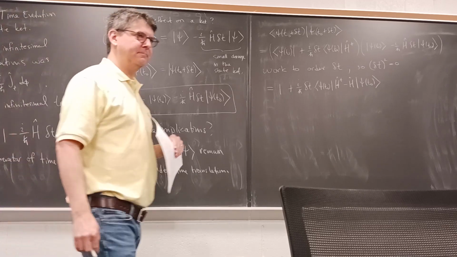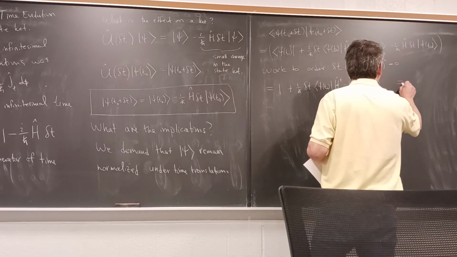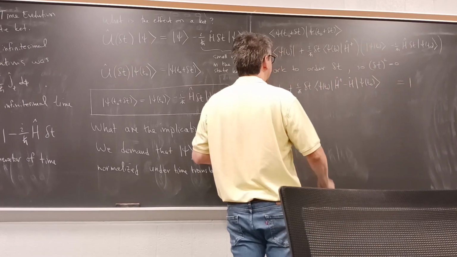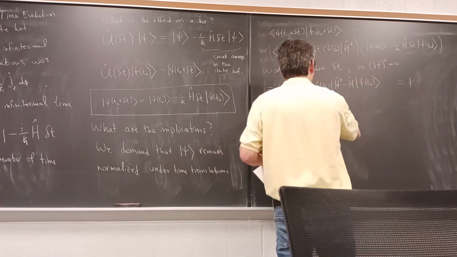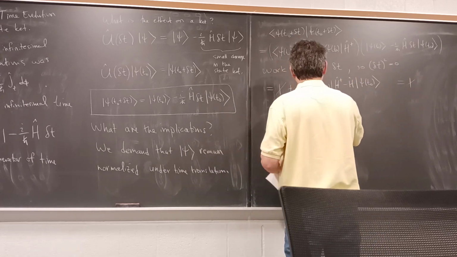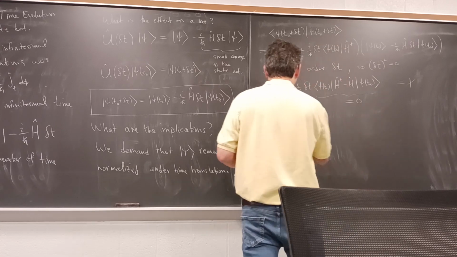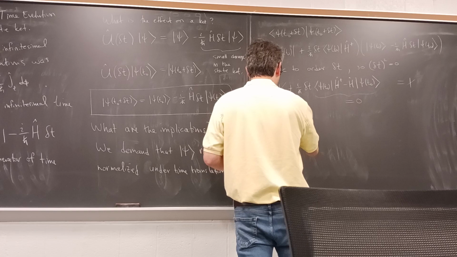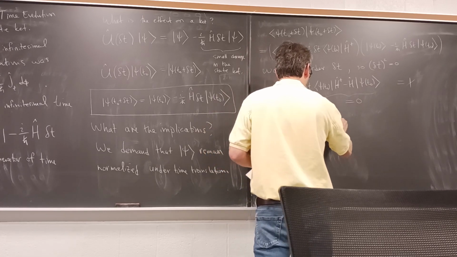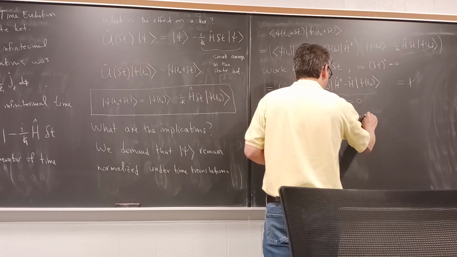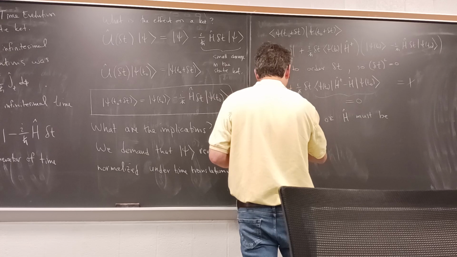Everybody follow that? So this all has to equal 1. So if I just cancel the 1 here and here, that means that if I'm demanding that this be the case, so that must mean that this is 0. So this implies that h hat dagger is equal to h hat, or h must be Hermitian.